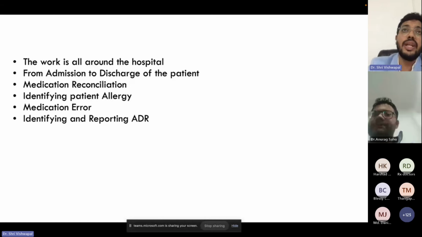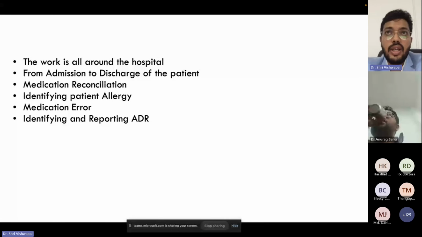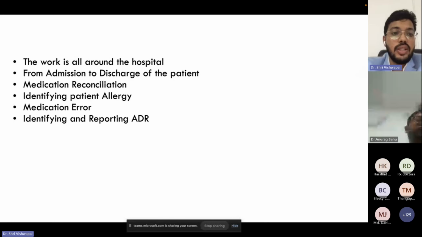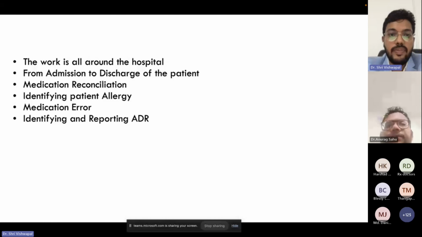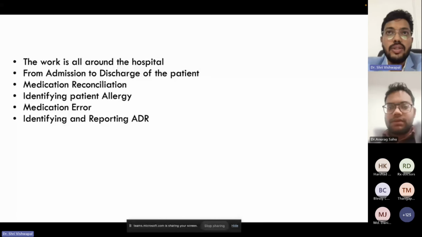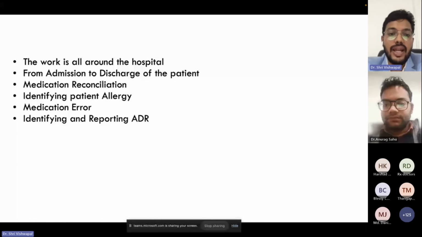Next is identifying and reporting errors. One of my colleagues said that there are a lot of errors which can be found in the oncology department while using chemotherapy. Physicians are very busy treating the patient, and nurses are very busy administering the drugs, so no one is aware of this.